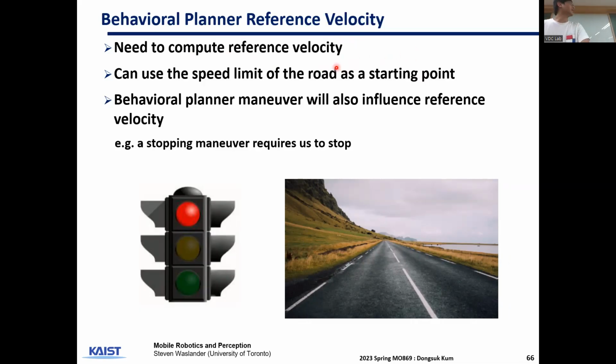For example, you can use the speed limit of the road as a starting point. And then the behavioral planner maneuver will also influence the reference velocity. For example, a stopping maneuver requires us to stop, so in this case your reference velocity is usually set to 0 or near 0.